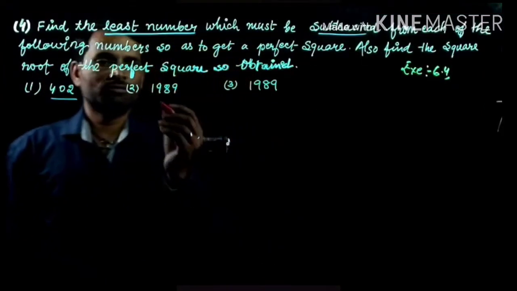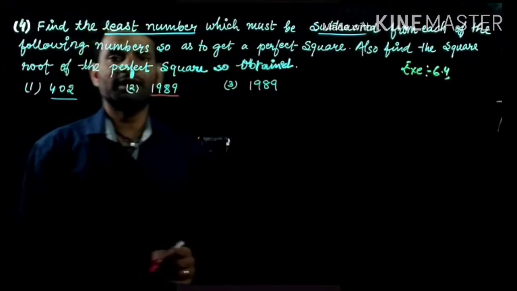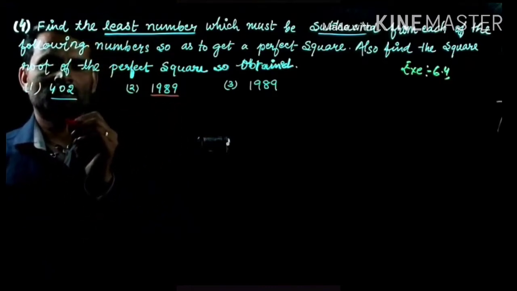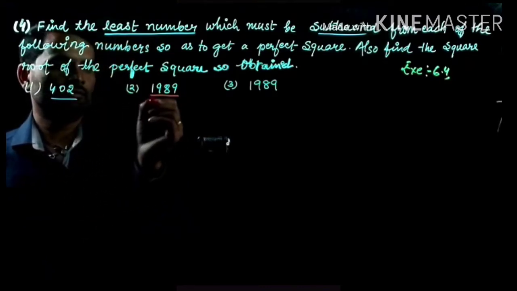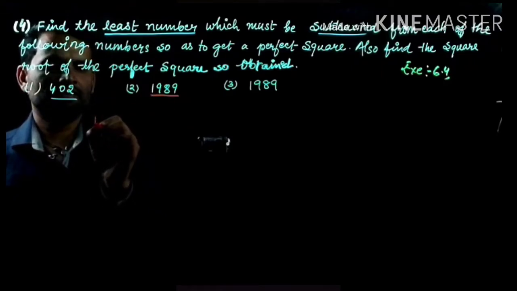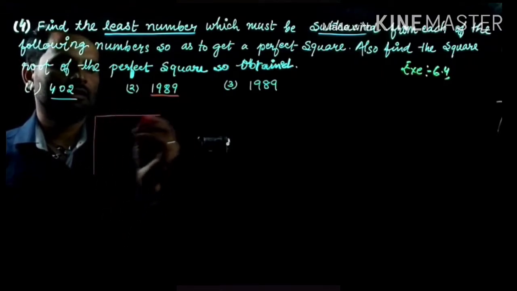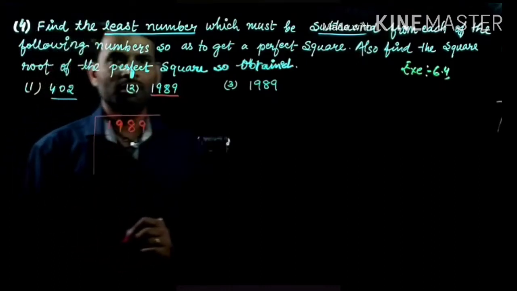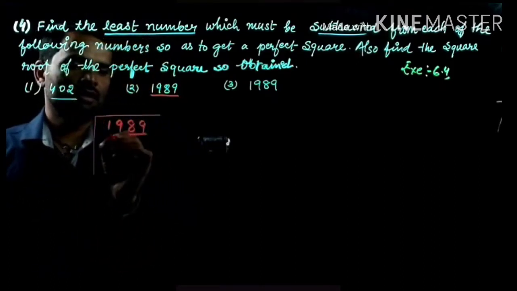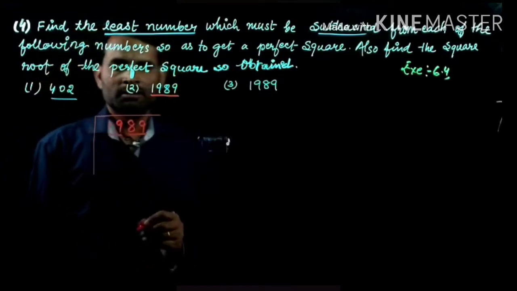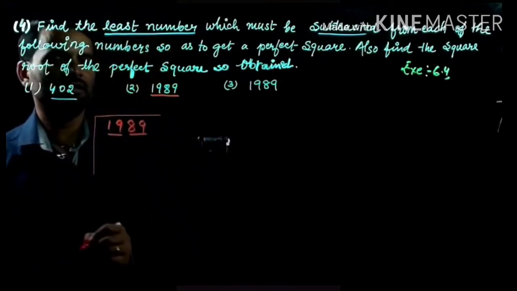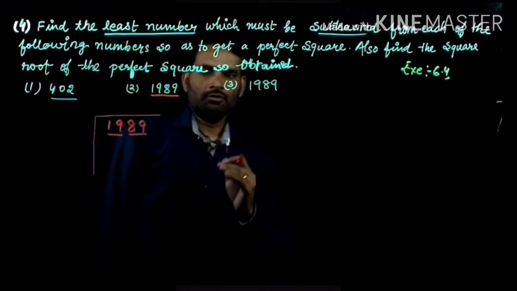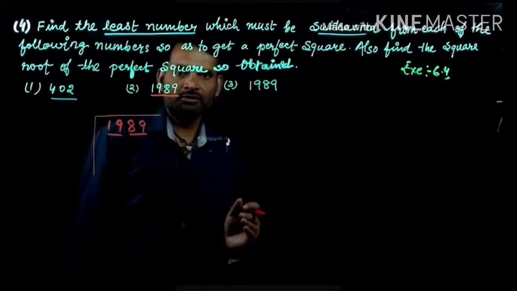Now the second question is 1989. The same method: first you find the square root by the division method. 1989. Okay, the first step is to make pairs: 19. 2 to the 4, 3 is 9, 4 is 16, and 5 is 25.